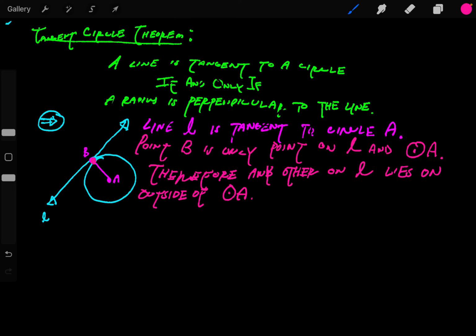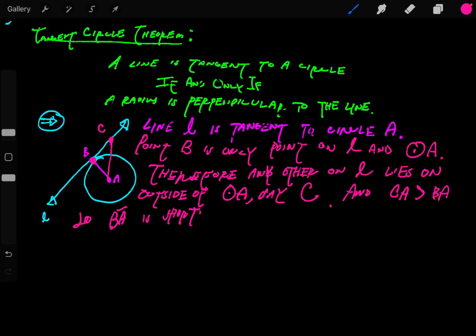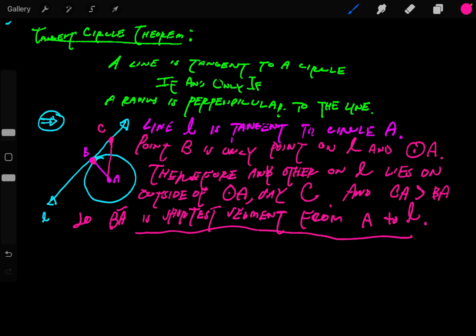And therefore, any other point, say C, if C is over here, it lies on the outside, and CA, the distance from C to A, is greater than the distance from B to A for any C. So BA is the shortest segment from A to L. And then we know from this fact that it's the shortest segment from A to L, that therefore it must be perpendicular.